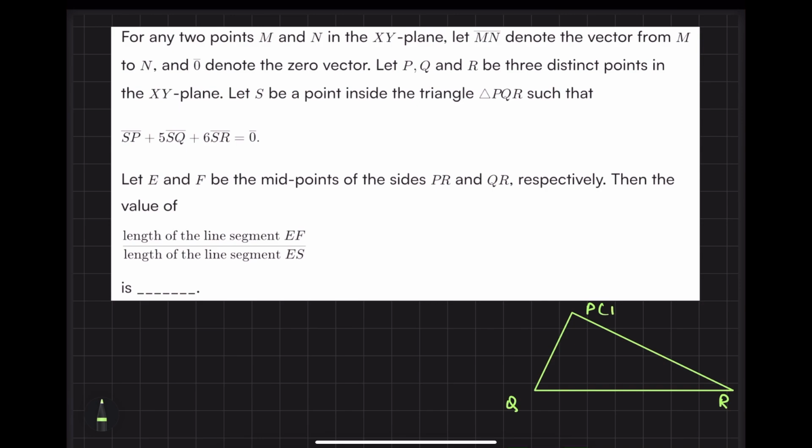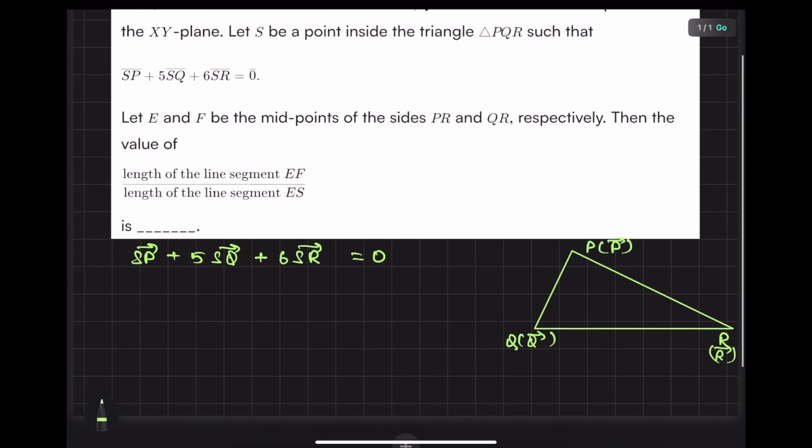Suppose I will consider this to be P vector, this to be Q vector, this to be R vector. Now since these guys are saying that 5 SP vector, 6 SQ vector, SR vector equals 0.